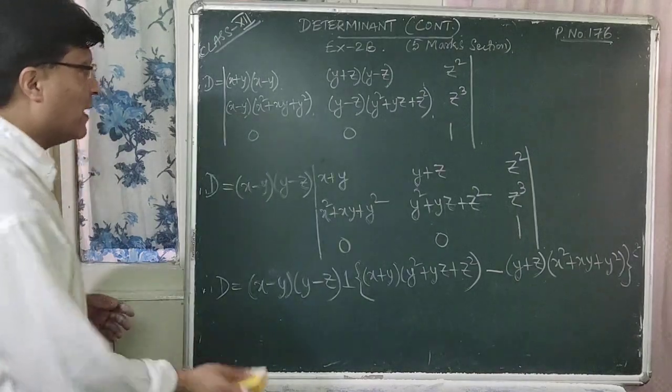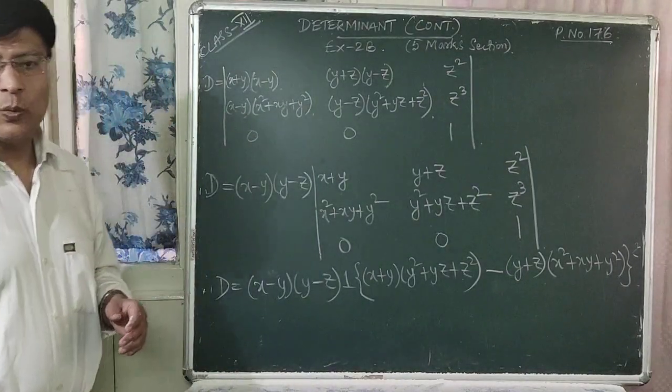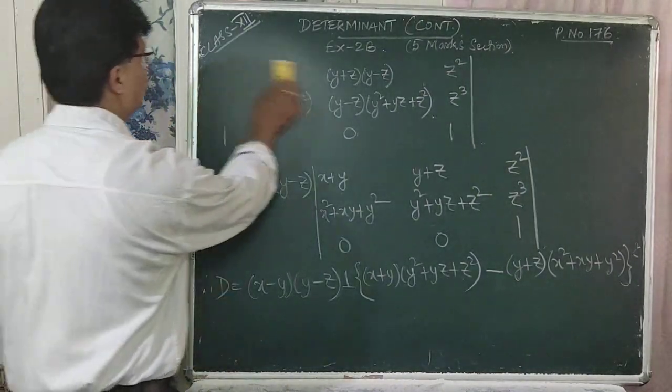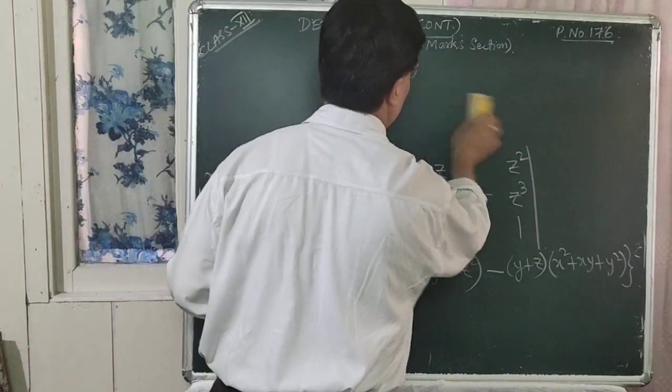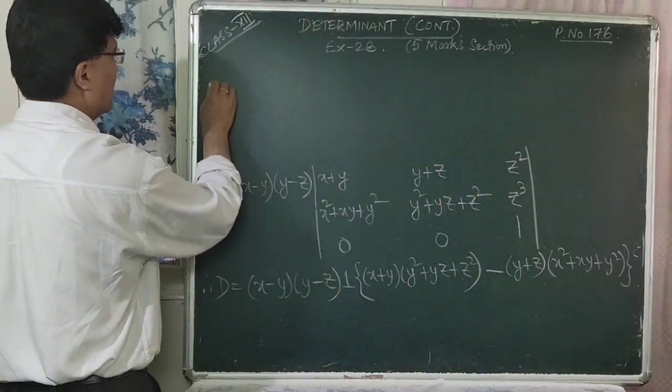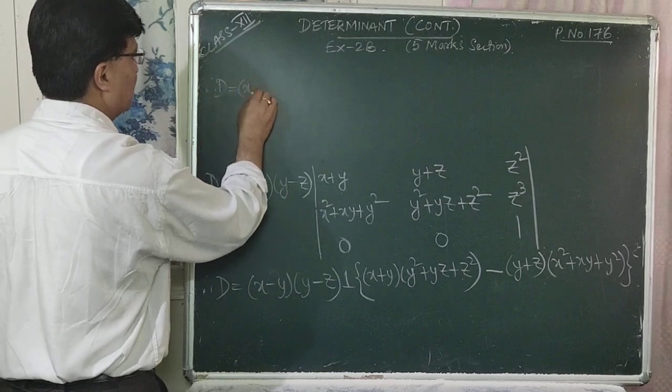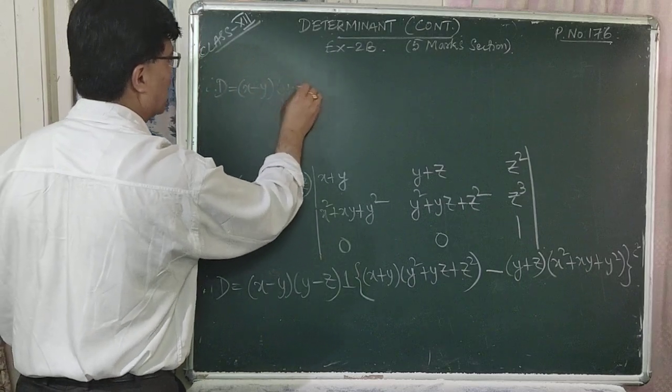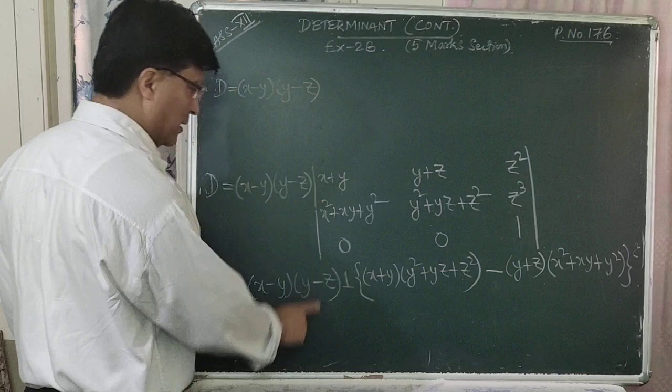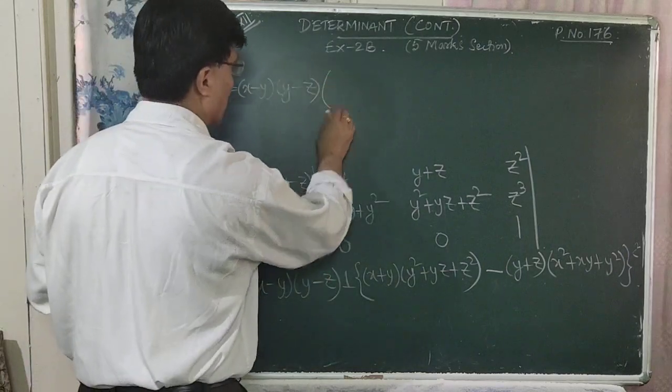So now let us simplify the expression within second bracket. So therefore D is equal to x minus y, y minus z. Right? You don't have to write 1. Now multiply them.